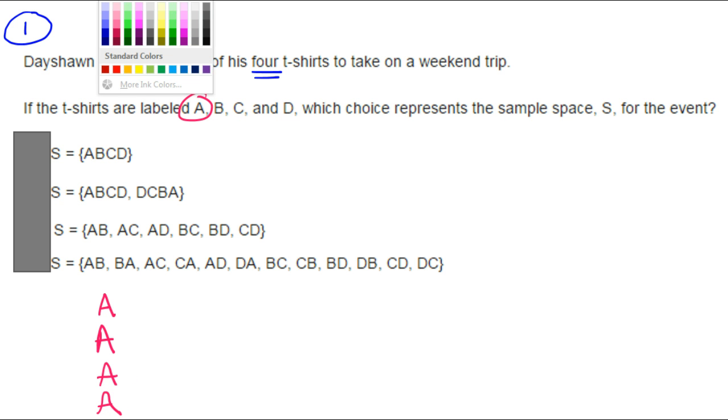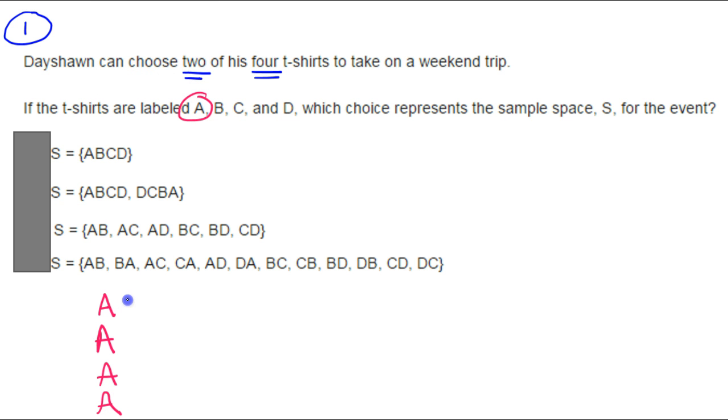Now looking at his remaining shirts, he could do shirt A with shirt B, shirt A and shirt C, and shirt A and shirt D. Okay, so those are all the possible ways if shirt A is one of the shirts.